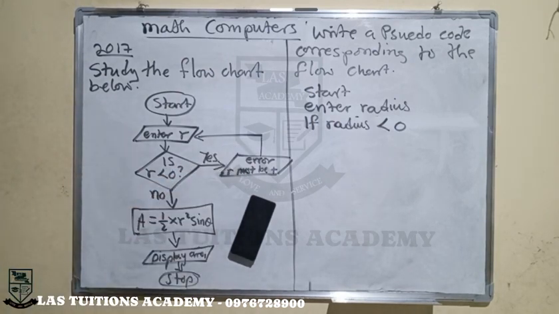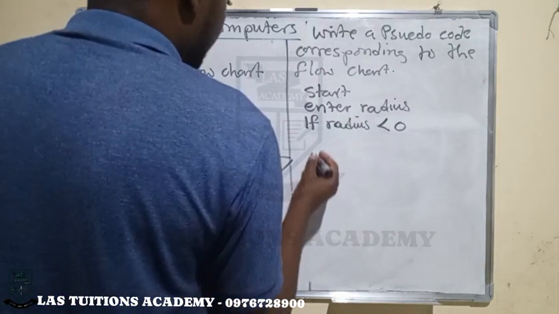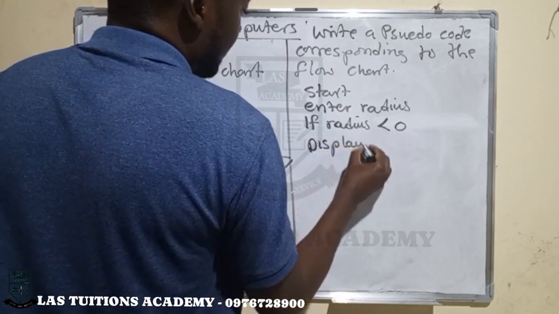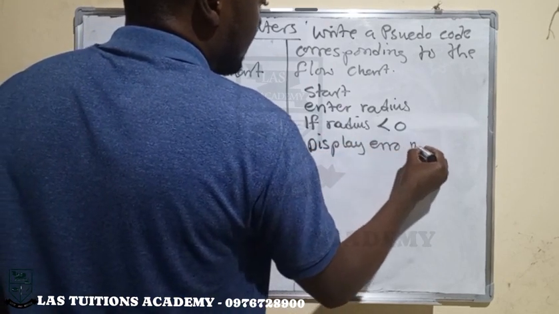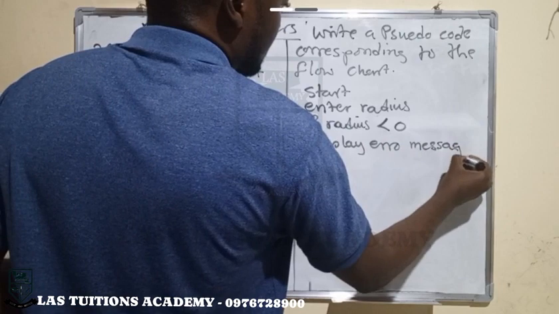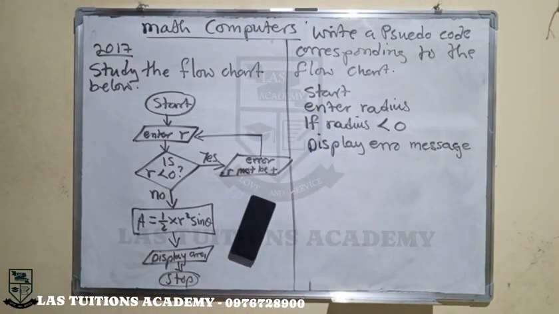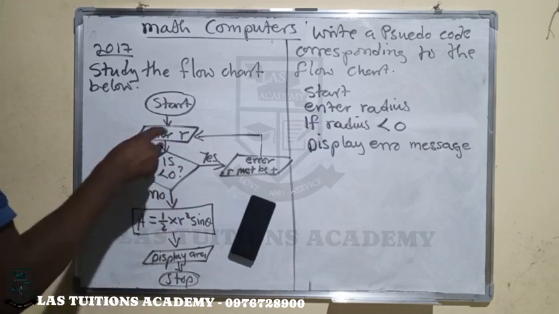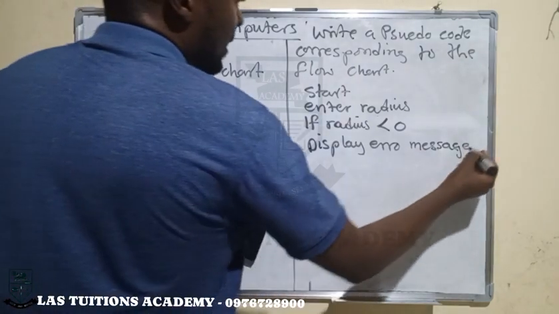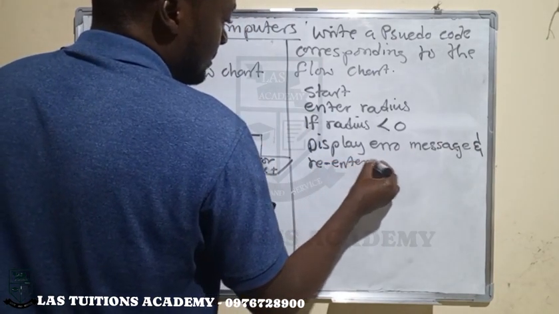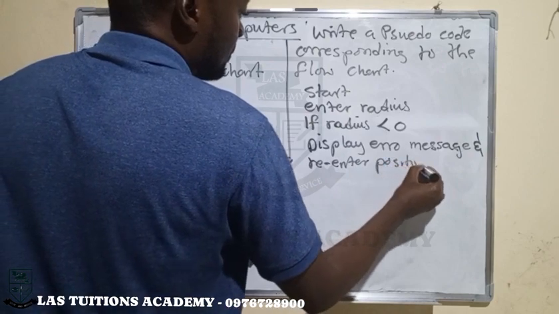Okay, display error message. Now, display the error message because of this arrow here, meaning we have to re-enter a positive radius.